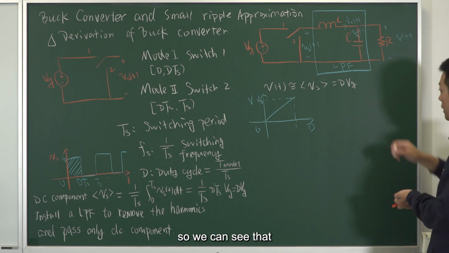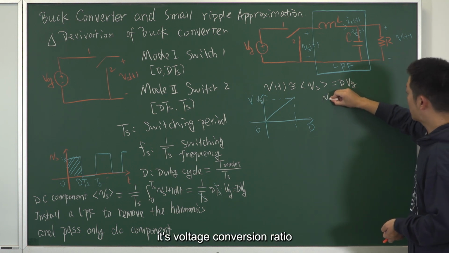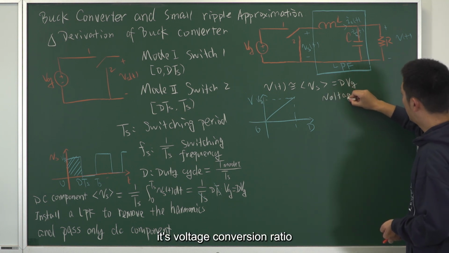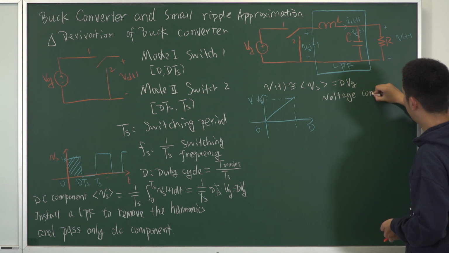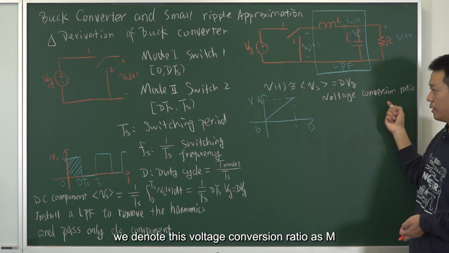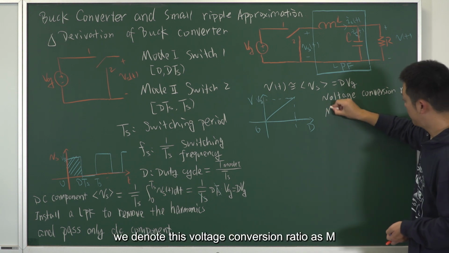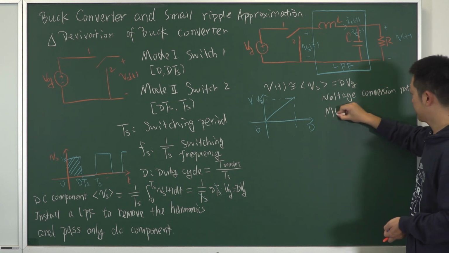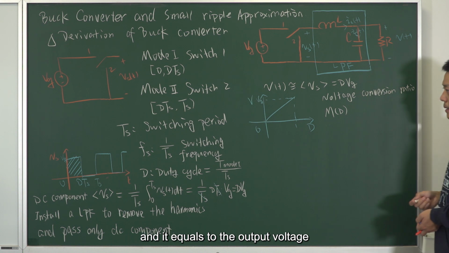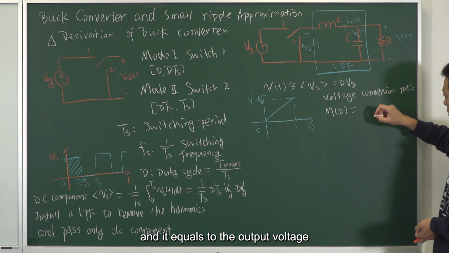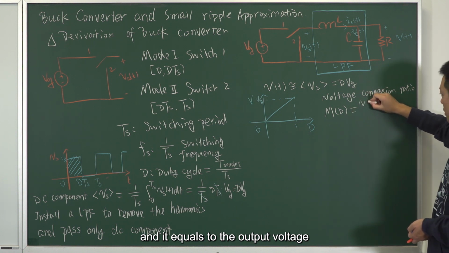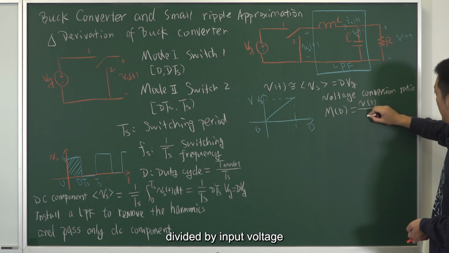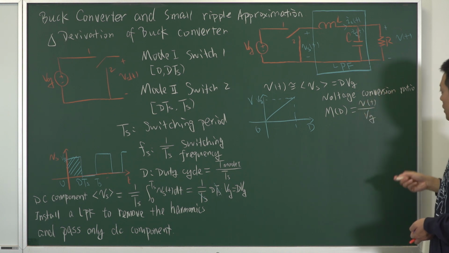So we can see its voltage conversion ratio, which we denote as M. M is a function of duty cycle, and it equals the output voltage divided by the input voltage.